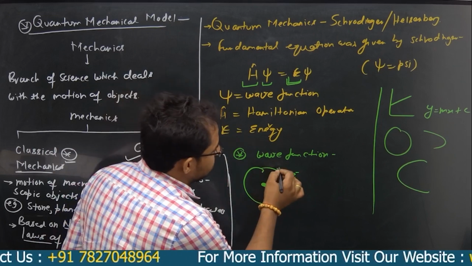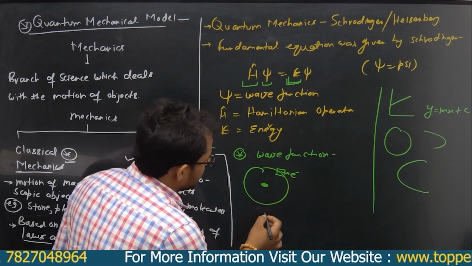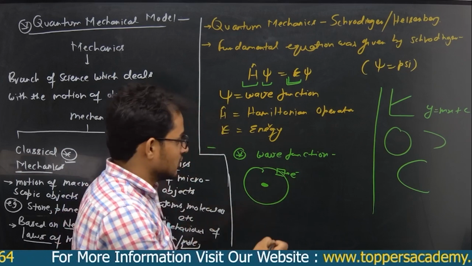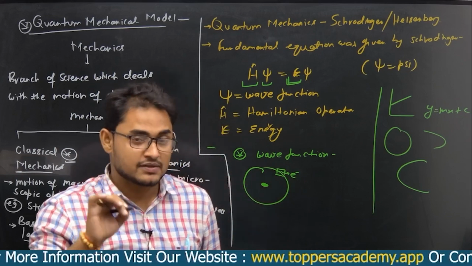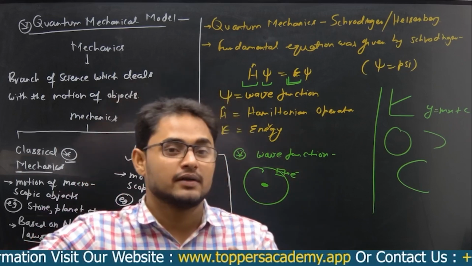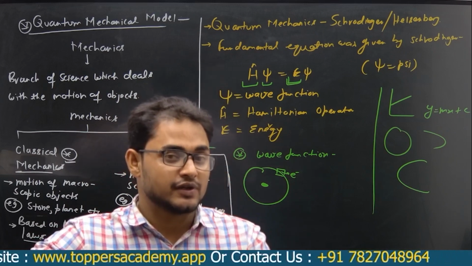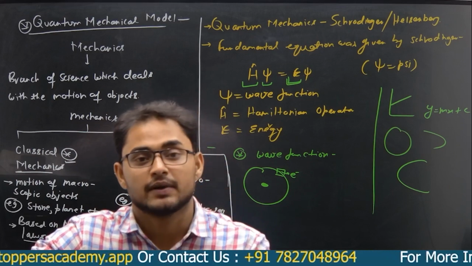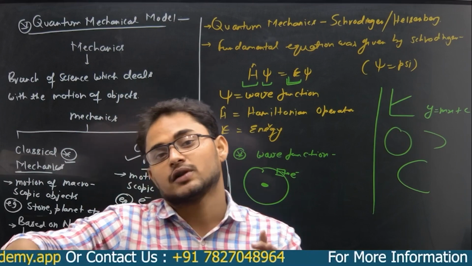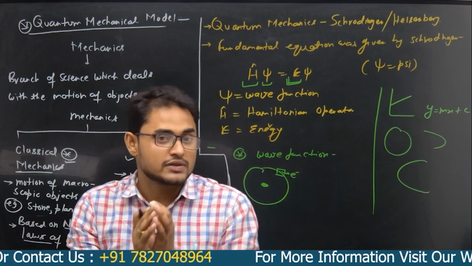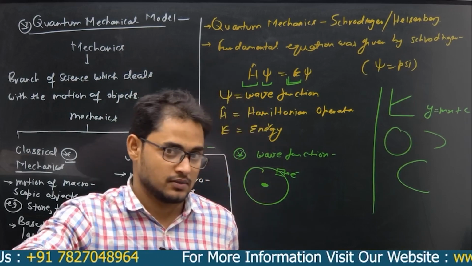So this space is represented by the wave function. The space in which the electron may be present or is present is represented by the wave function mathematically. It is the mathematical representation of the space in which the electron may be present.